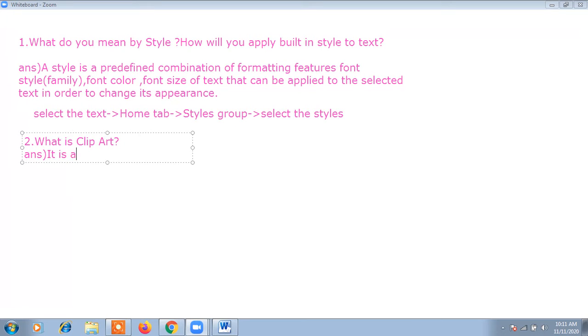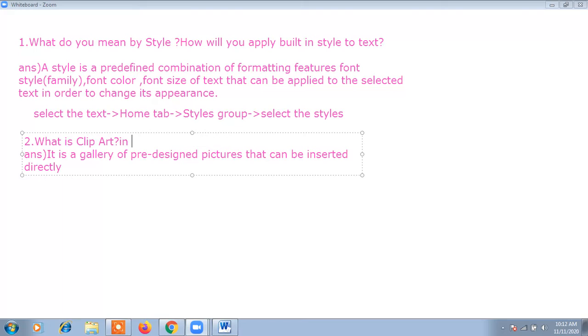Clip art is a gallery of pre-designed pictures that can be inserted directly in a document. When I was explaining clip art, I also showed it practically.